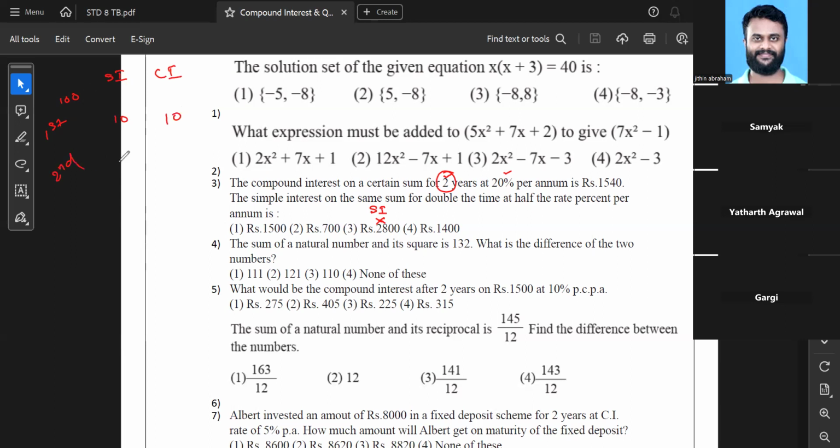Second year simple interest is again 10, but the compound interest for the second year will be 11. So there is a difference of 1 rupee between simple interest and compound interest. So what I'm trying to say is the difference is very small, because it's only 1 year.